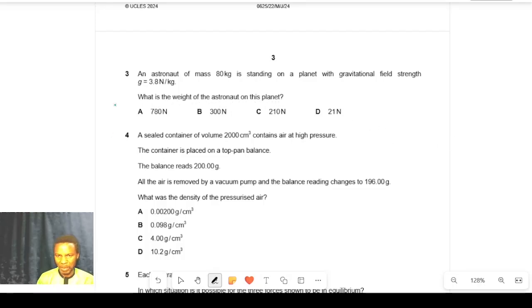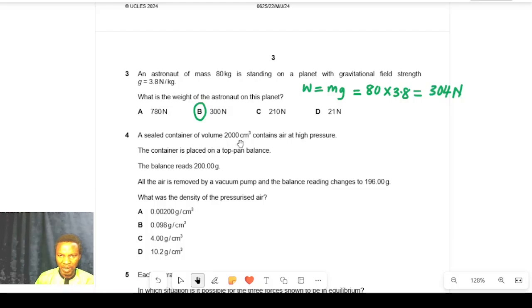For us to calculate the weight, W is equal to the mass multiplied by acceleration due to gravity, which is equal to 80 multiplied by 3.8. And that is going to give us 304 newtons. So the answer is B.